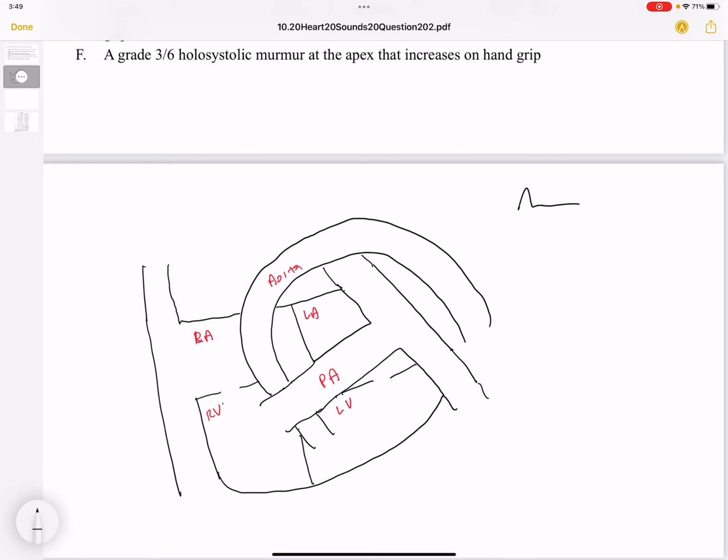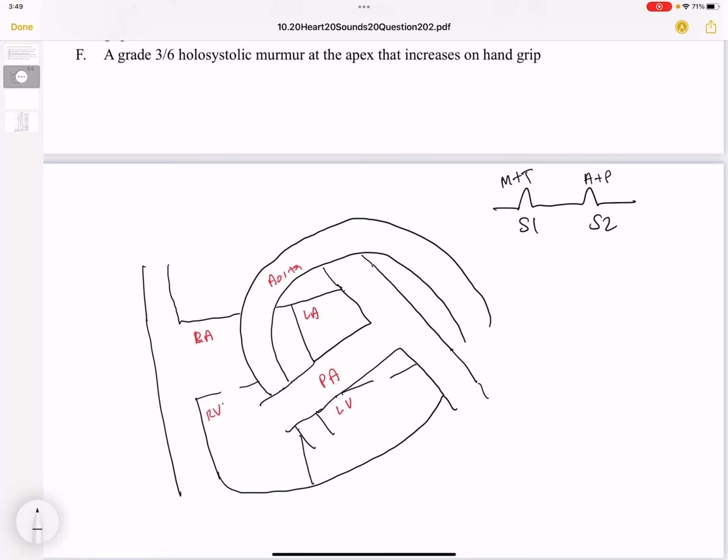So we have the heart sounds S1 and S2. The S1 heart sound is going to occur when the mitral and tricuspid valves close, and the S2 heart sound is going to occur when the aortic and pulmonic valves close.